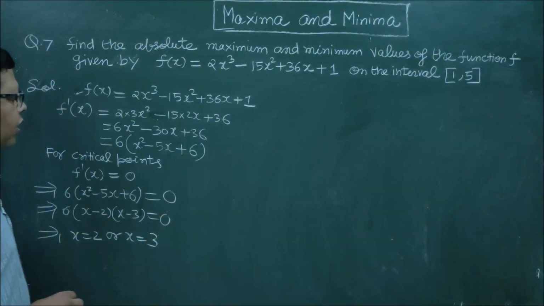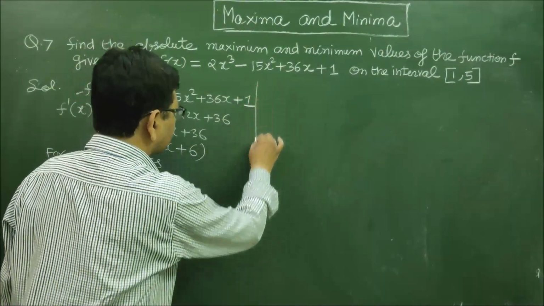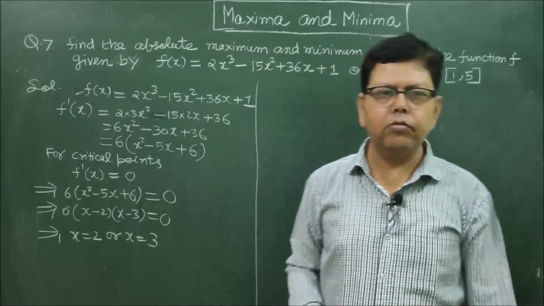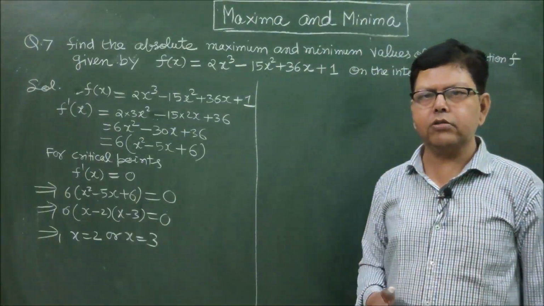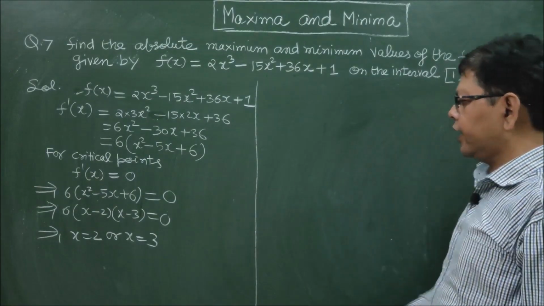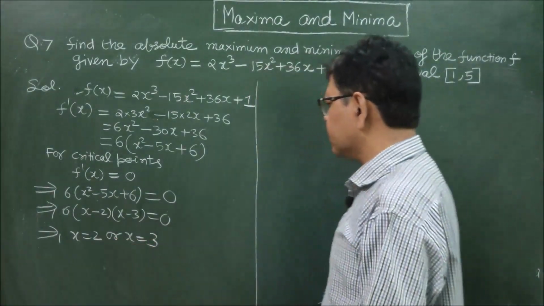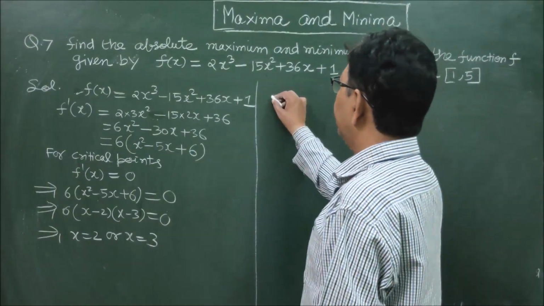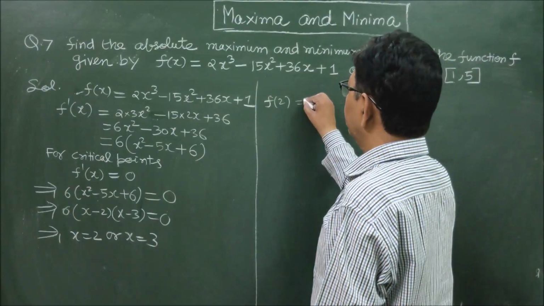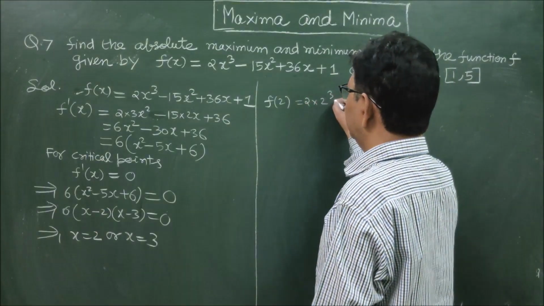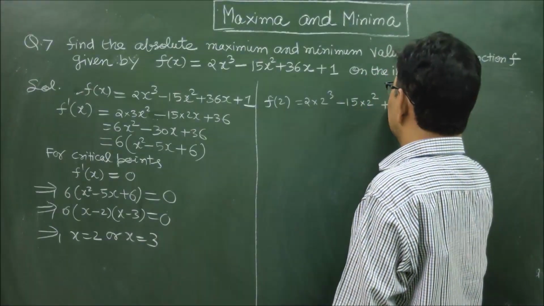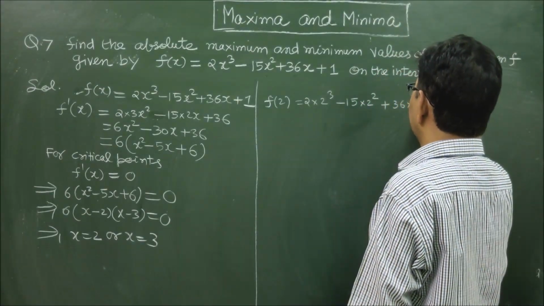Now for finding the absolute maxima and minima, we will find the value of the function at the end points of the interval and at these points. So let us find the value of the function at f(2). f(2) is 2 into 2³ − 15 into 2² + 36 into 2 + 1.